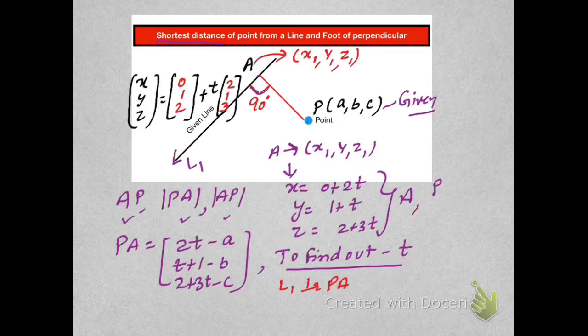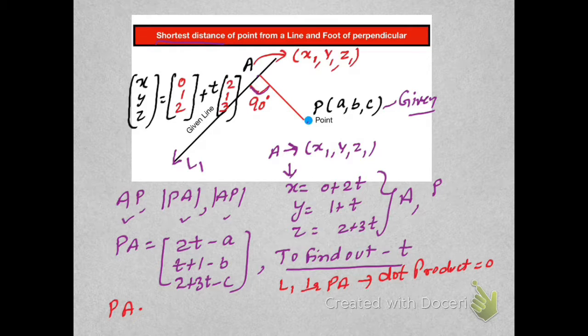If they are perpendicular, their dot product should be 0. So the dot product of vector PA and the direction vector of L1 is 0.